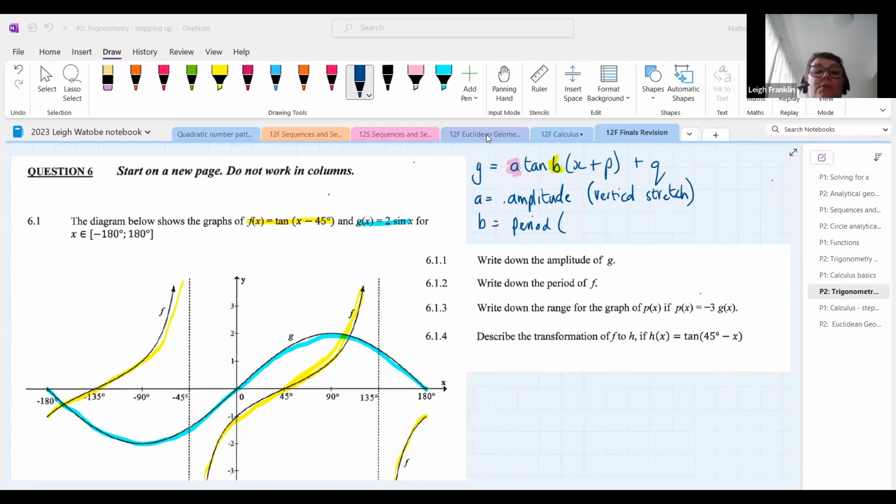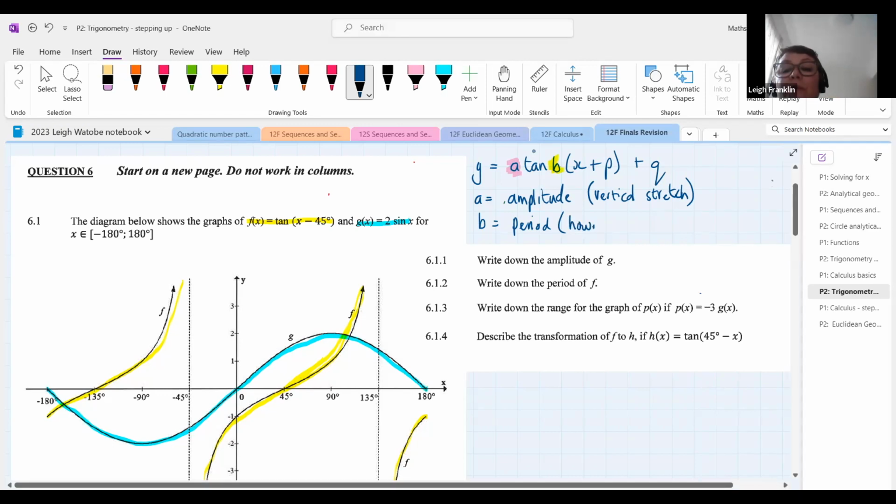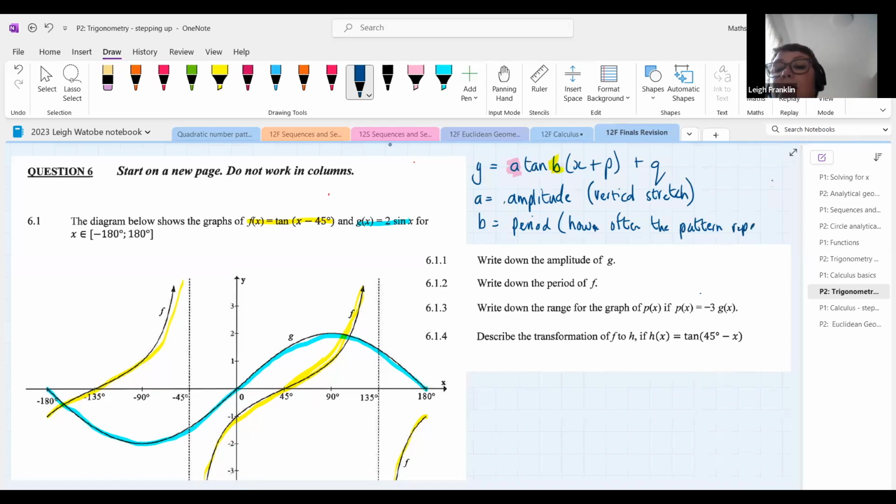There we go. Well done. So the degrees it takes to complete a full wave, or the length of the graph. It tells us how often the pattern repeats itself.